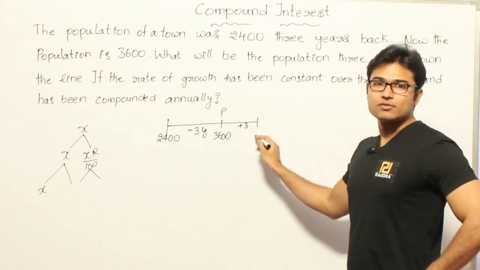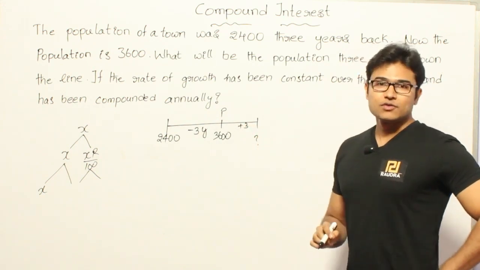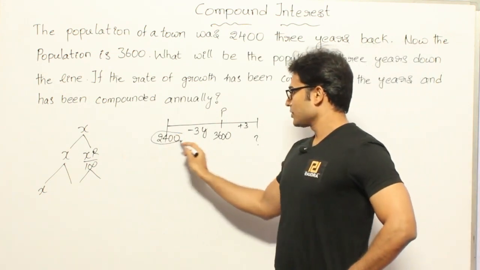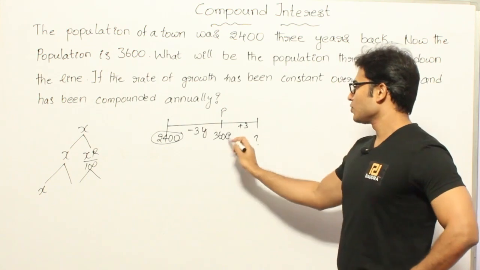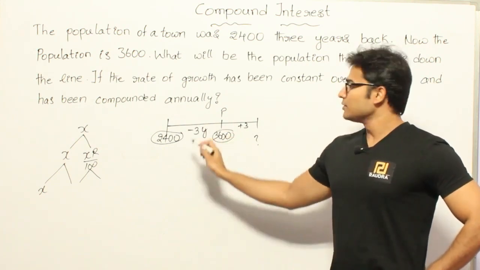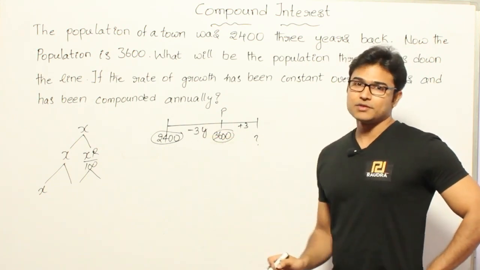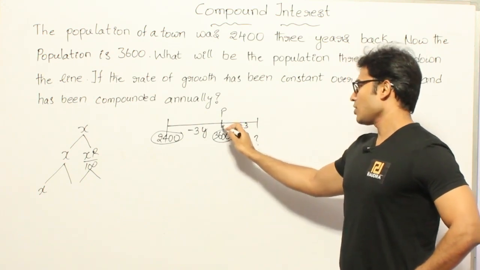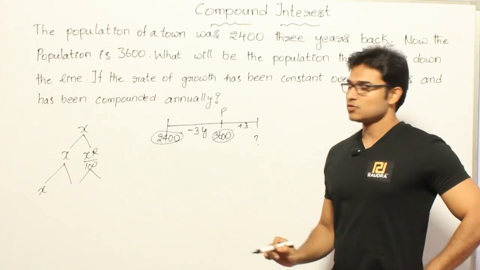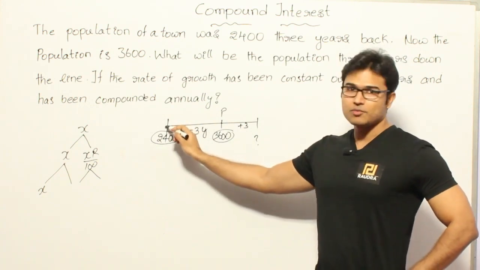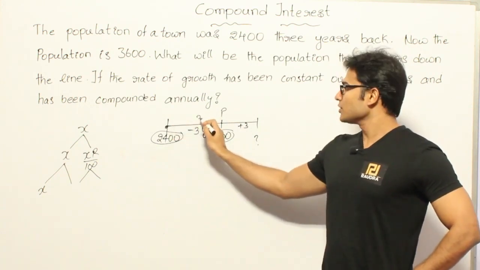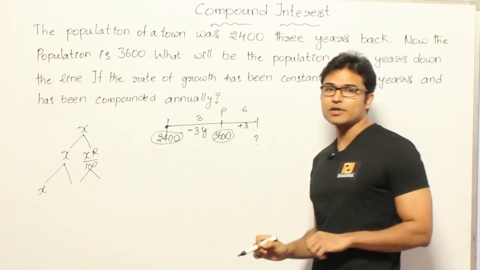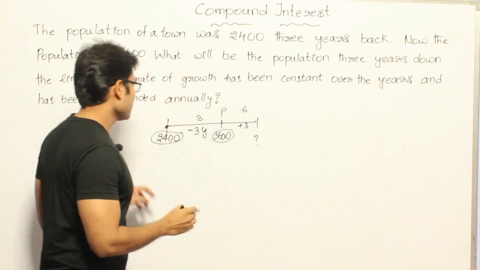So you can assume that this is the principal amount and it has grown to this amount in 3 years at a constant rate, and they are asking about the amount 3 years from there. If you take this as the starting point, this one is after 3 years, and the number they are asking is after 6 years. Got it? So let's observe this.